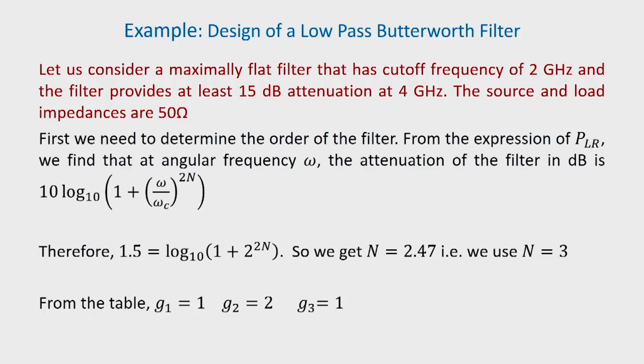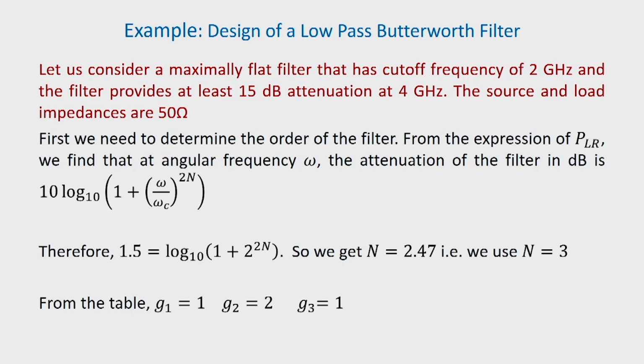Let us consider a maximally flat filter that has a cutoff frequency of 2 gigahertz, and the filter provides at least 15 dB attenuation at 4 gigahertz. The source and load impedances are 50 ohm. So, first thing we need to do is to determine the order of the filter.